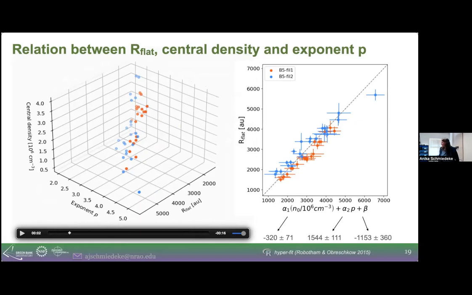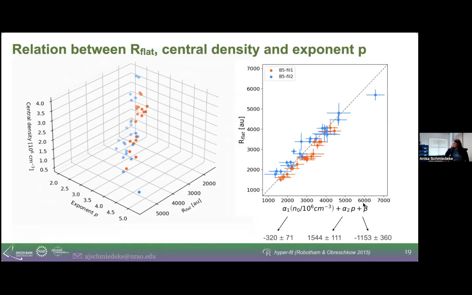This is Hyperfit. And then I found this correlation by plotting the flattening radius versus the other 2 parameters. And while this might not be a universal relationship, if we could confirm it observationally in others, we have a nice way of determining one of the 3 parameters by just measuring the other 2.